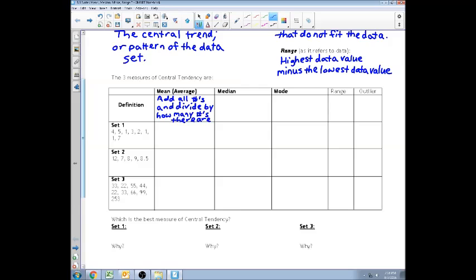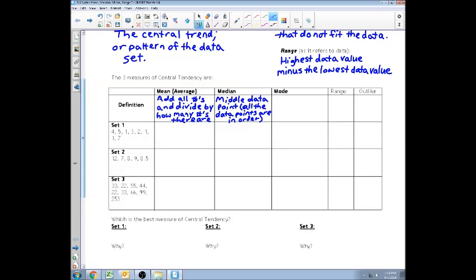The median is going to be the middle data point, but we need to make sure that all the data points are in order. I just usually rewrite the data points from smallest to largest. That way I know they're all in order.